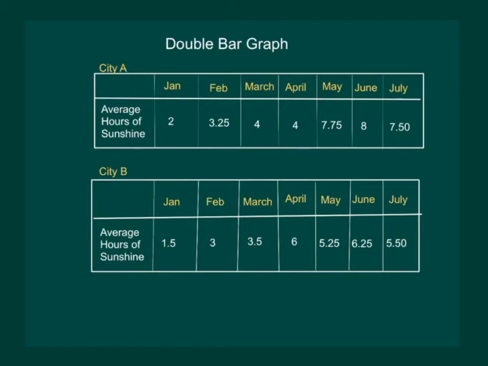But individual bar graphs will not be able to give us information which would be needed, for example, to compare the average hours of sunshine of both the cities, or to find out in a particular month which city has more sunshine hours. So, to solve such problems, we would draw a double bar graph which would give us the information of both the cities side by side.